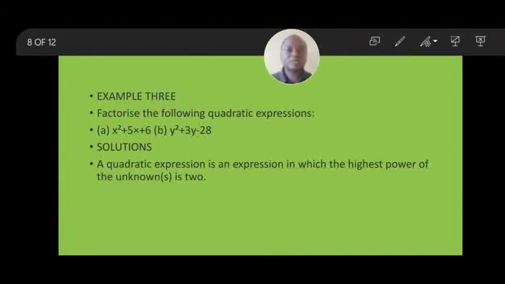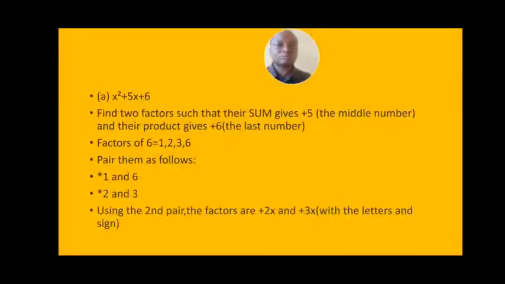A quadratic expression is an expression in which the highest power of the unknown is 2. So we call such expressions quadratic expressions. Okay, so let's go straight to the solution.